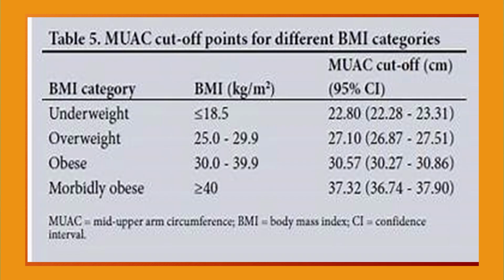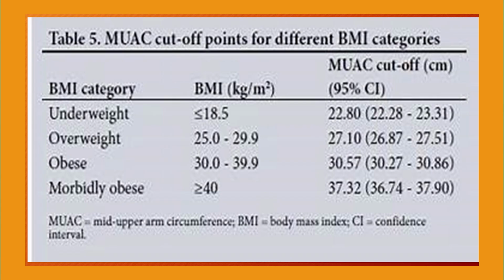If you categorize that, for an underweight child whose BMI is equal to or less than 18.5, the MUAC cutoff comes to 22.80 centimeter.